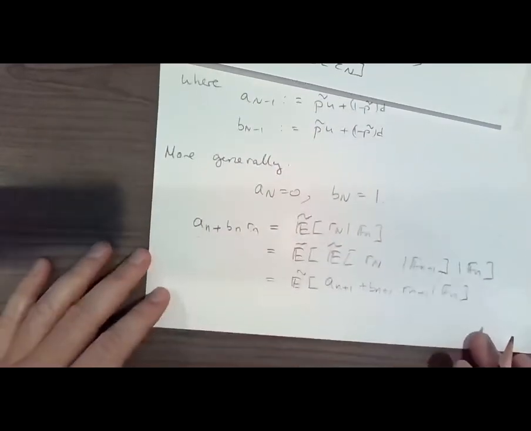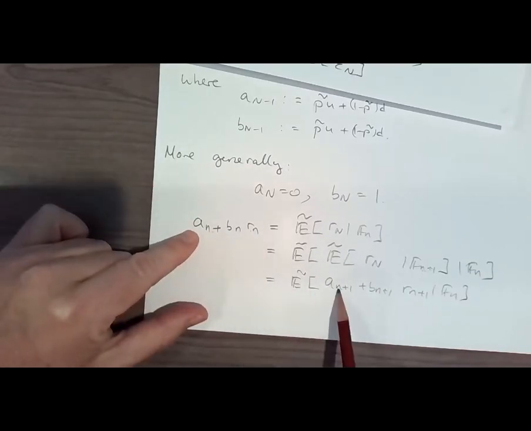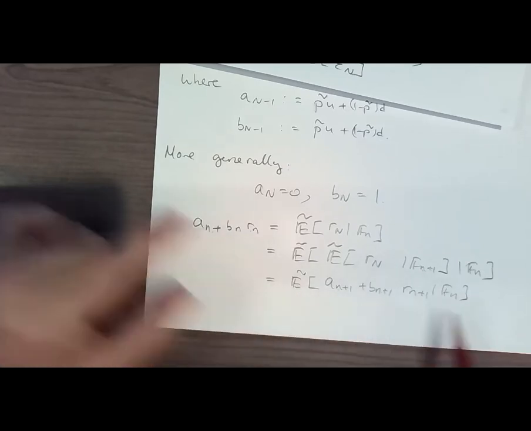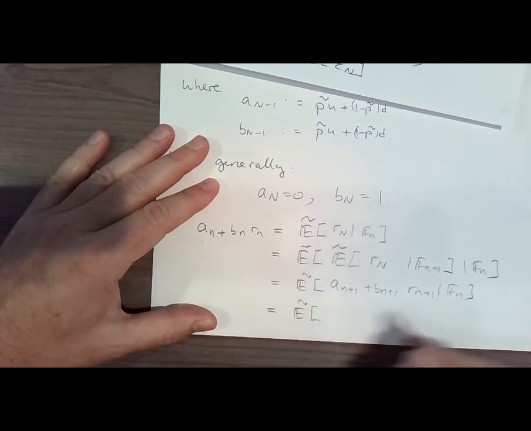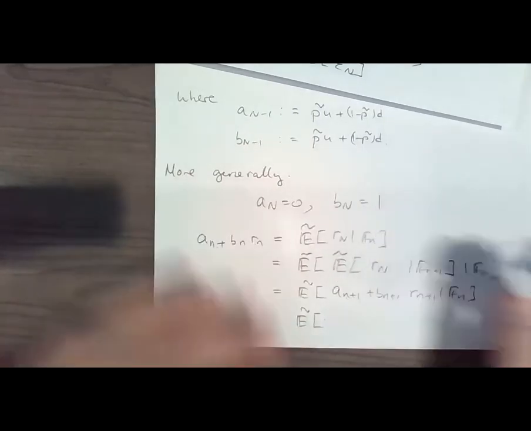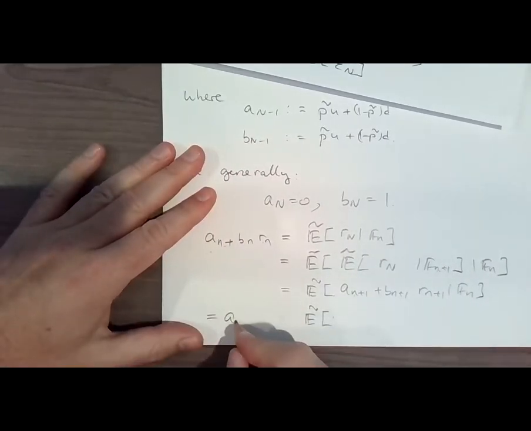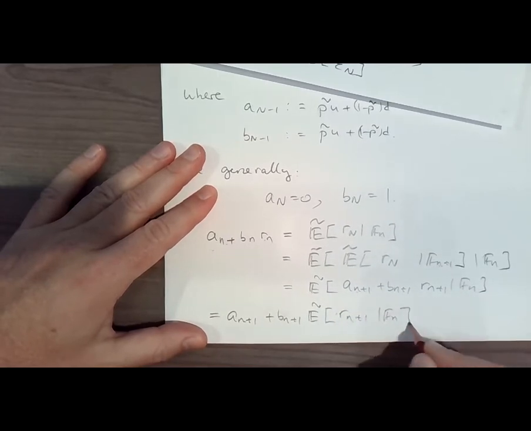Here comes a time where we need to match them up. An is of course a constant, so we don't have to compute an expectation. Bn is a constant, so you go outside. What is really left to compute is this rn plus 1, so it's an plus 1 plus bn plus 1 times the expectation of rn plus 1 given fn.